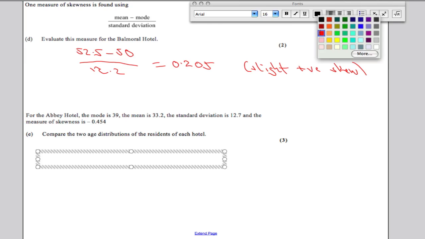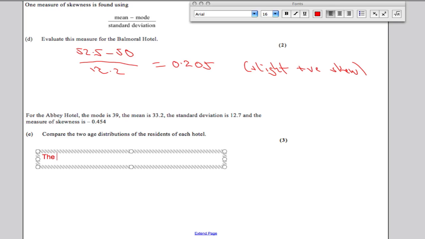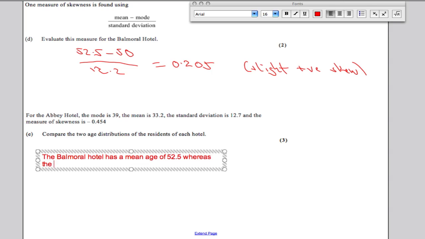So the Balmoral Hotel has a mean age of 52.5, whereas the Abbey Hotel has a mean age of 33.2.